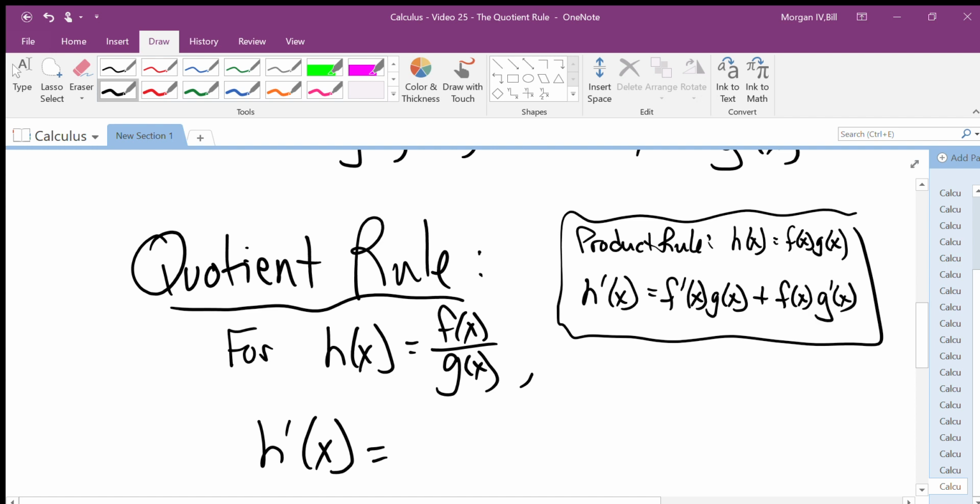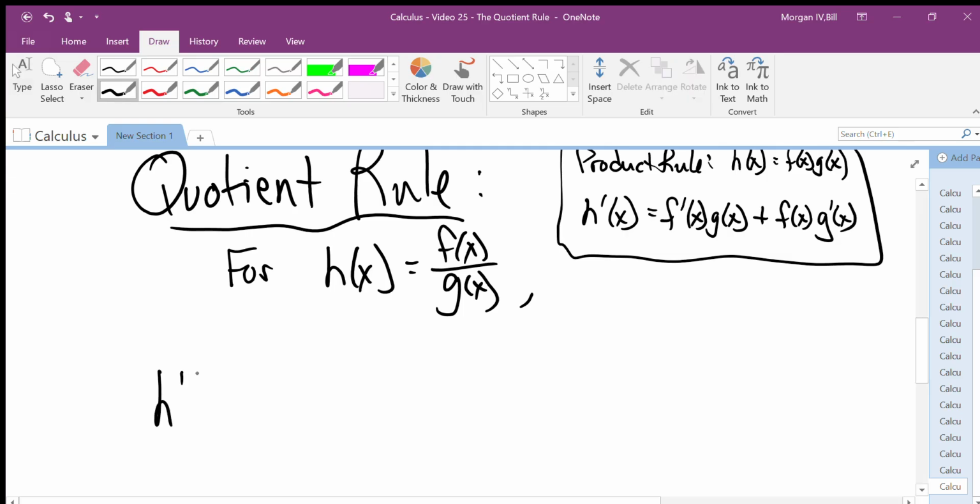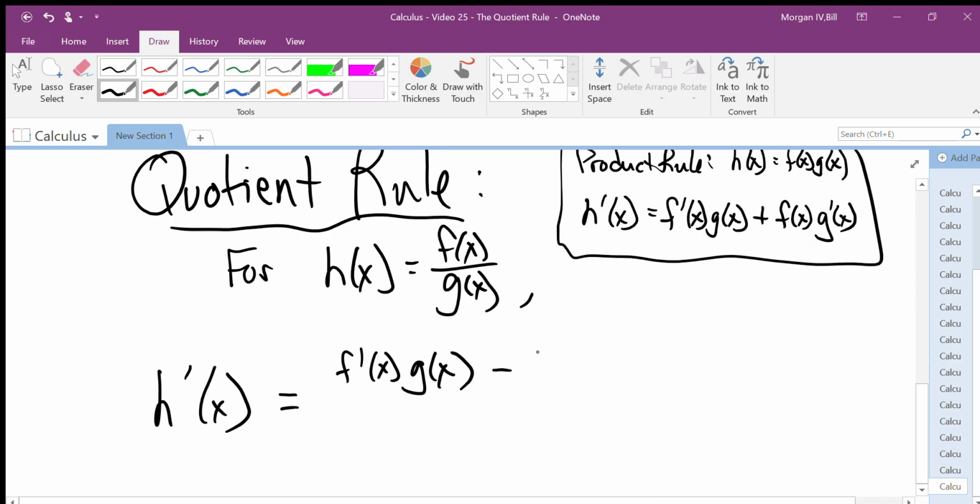The quotient rule starts off very similarly. This time our g is the denominator. h prime of x for the quotient rule is equal to f prime of x, g of x. That's the same start as the product rule. But instead of plus, it's minus. It's minus f of x, g prime of x. Same as the product rule, except instead of adding, you subtract.